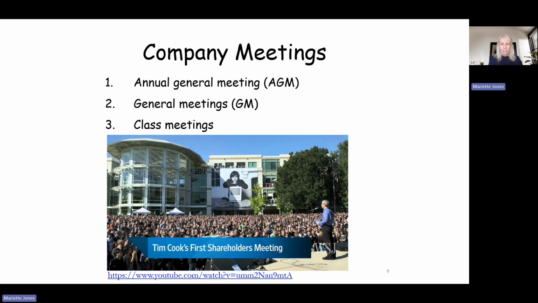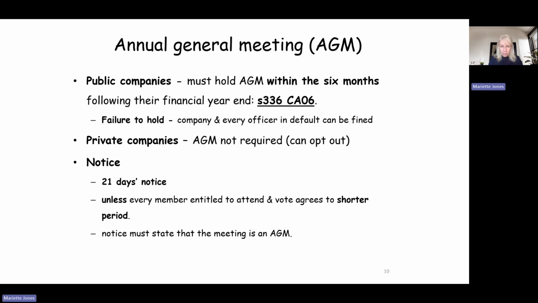As you can see on the slide here, we've got Tim Cook, who was conducting at the time his first shareholders meeting. Public companies must hold an annual general meeting within 6 months of their financial year end in terms of section 336 of the Companies Act 2006. Failing to do so is an offence, in other words, a crime, for the company and its officers.